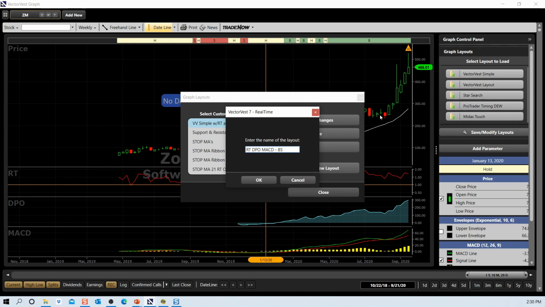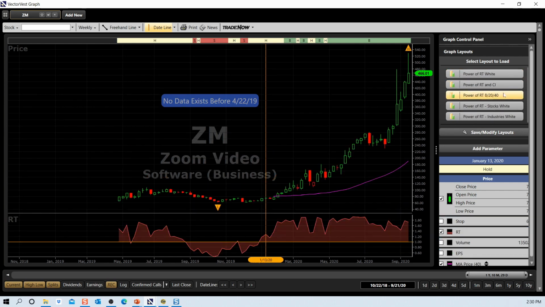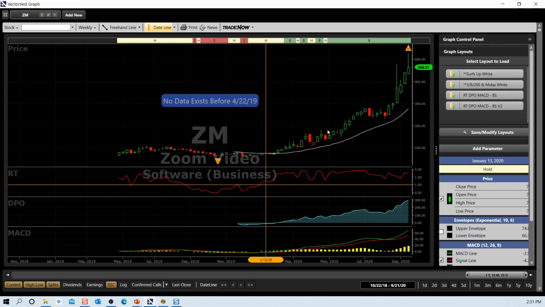I love the black screen for my home use with the vibrant colors on the candlesticks and the other indicators. Oh, I've got that in there already, so I'll just call it version 2. Click OK, and we're all set. So every time I come back in, if I change the layout, I can go right back and select the layout that I just saved.